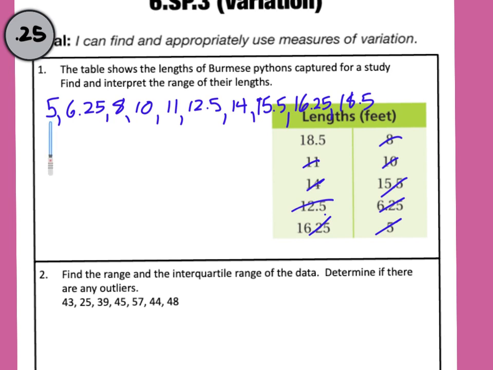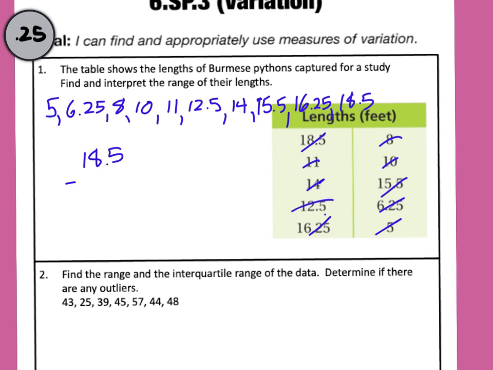So, we got the least over here, greatest over here. It's pretty simple to find the range. So to find the range of this data, we are going to simply take the largest number. So I'm going to write that down, 18 and a half. And we are going to subtract the smallest number, 5.